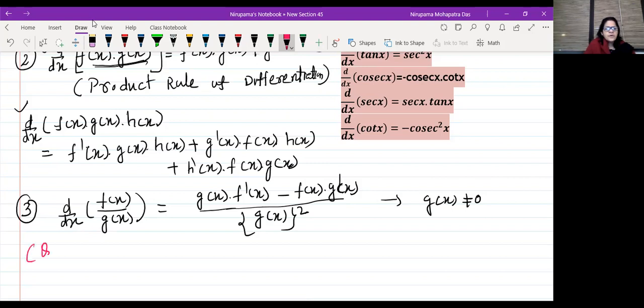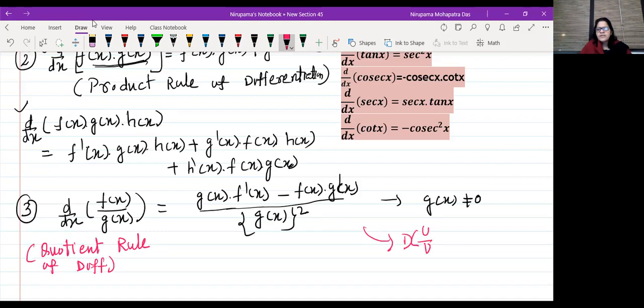We call it the quotient rule of differentiation. We cannot change the order here because we are having a minus sign here. So that's why we can't change the order of the functions. And another easy way I can tell you to remember this: suppose I write the derivative of u by v.